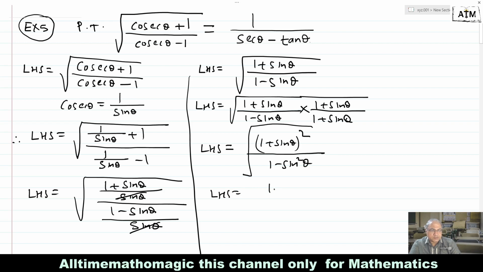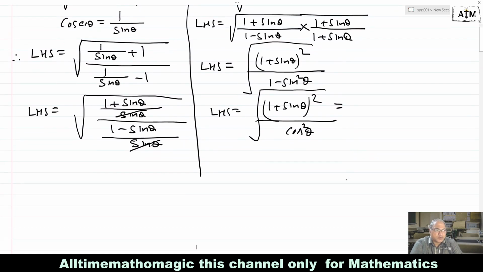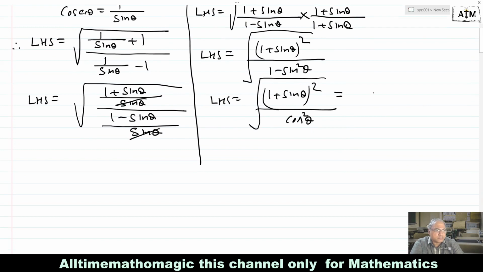Therefore LHS equals 1 plus sin theta whole square upon cos square theta, since 1 minus sin square theta equals cos square theta. That is equal to 1 plus sin theta upon cos theta.